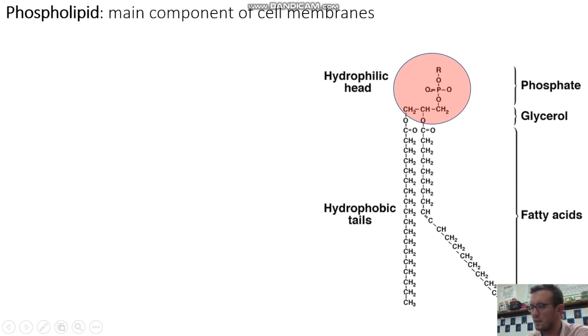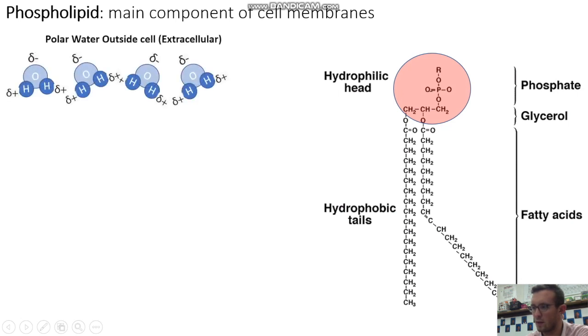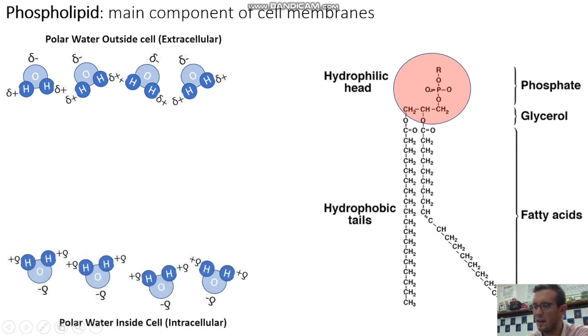Now the reason that phospholipids are so useful as membranes has to do with the fact that our cells exist in an aqueous environment, which just means that there are polar water molecules outside of our cells and polar water molecules inside of our cells.